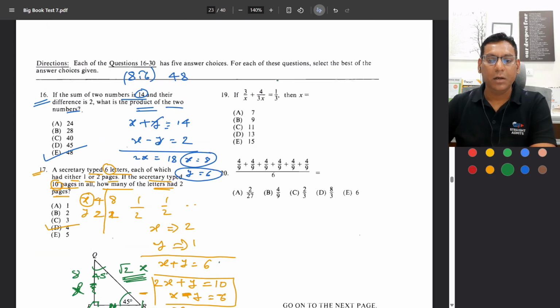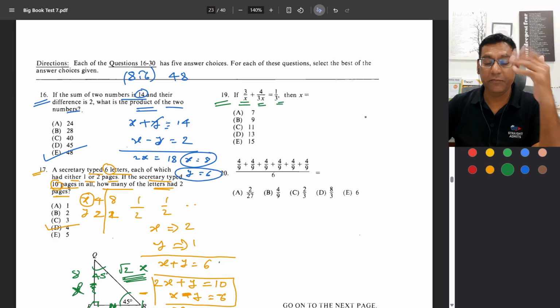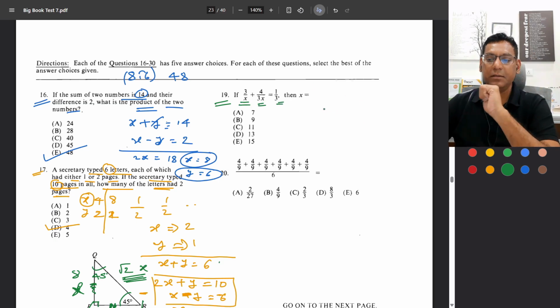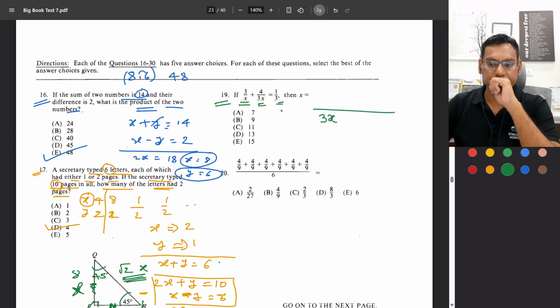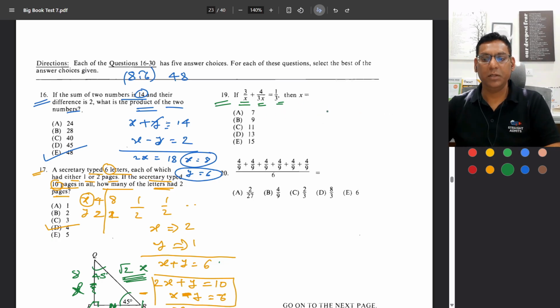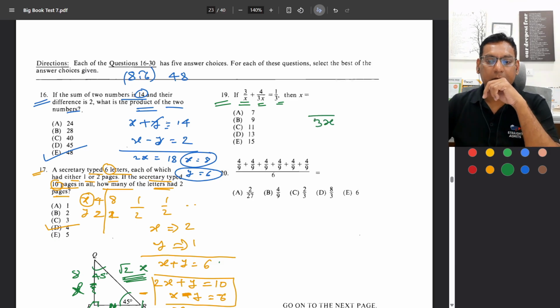Okay. Question 19, 3 by x plus 4 by 3x is equal to 1 by 3. Can I get everything in some common term? Yes, I can get everything in the common term of 3x. If I write 3x here, what am I doing? I'm multiplying by 3, so I get 9 at the top.